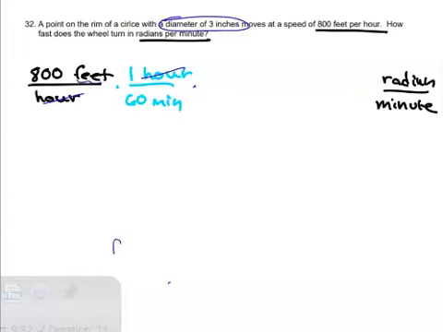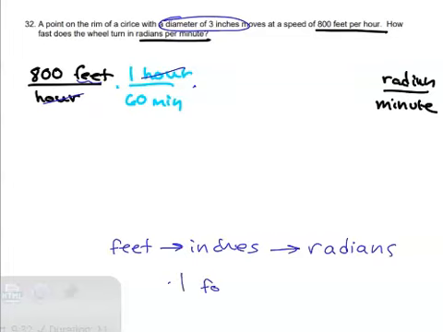So first we have to change feet to inches, and then we're going to change inches to radians. So first change feet to inches. So 1 foot is equal to 12 inches.